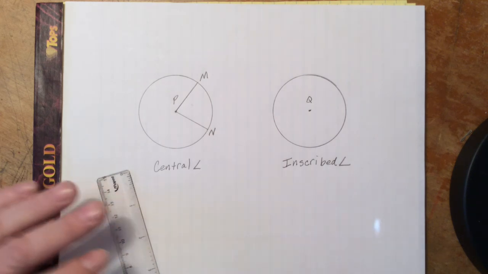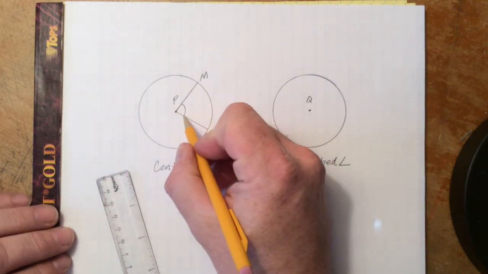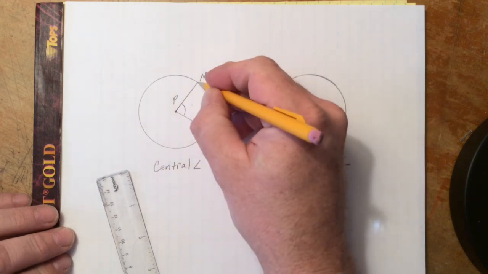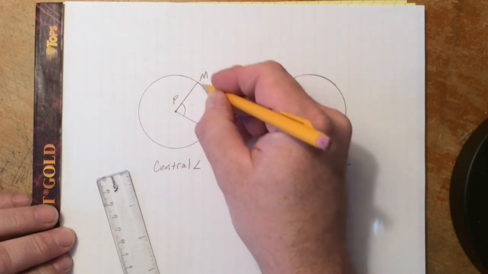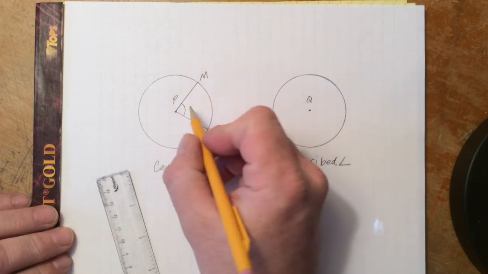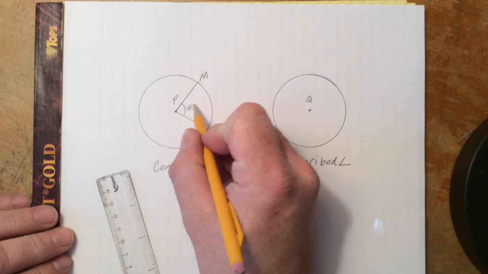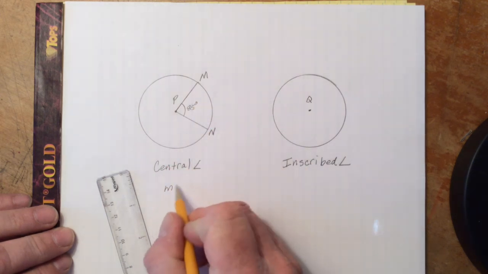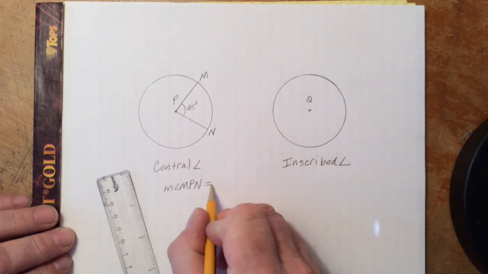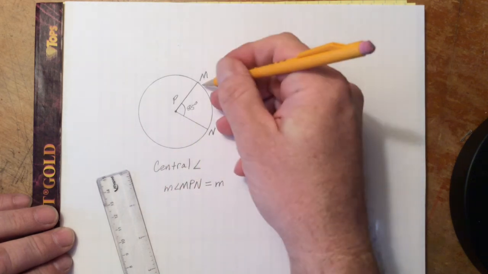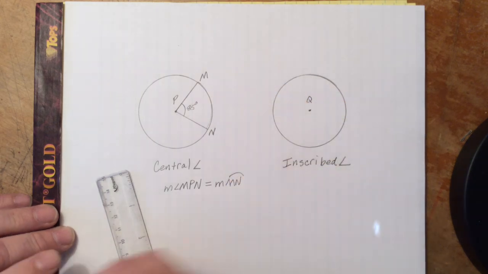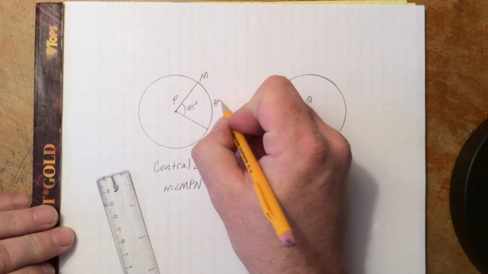So angle MPN is a central angle, and whatever the measure of this angle is, that's the same measure of the intercepted arc. For instance, if angle MPN were 85 degrees, the measure of the central angle MPN is the same as the measure of arc MN. So this would also be 85 degrees.